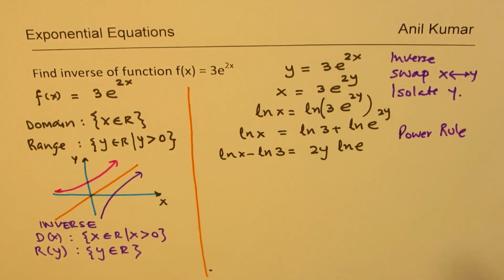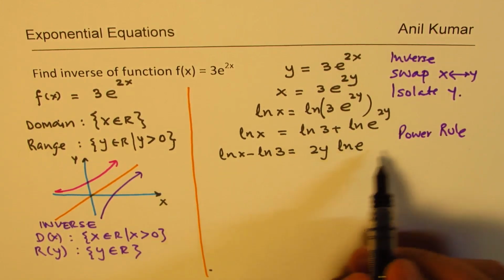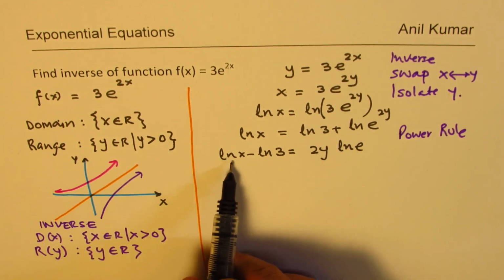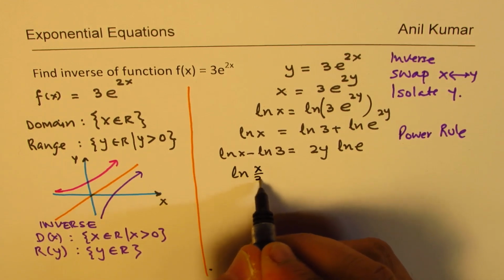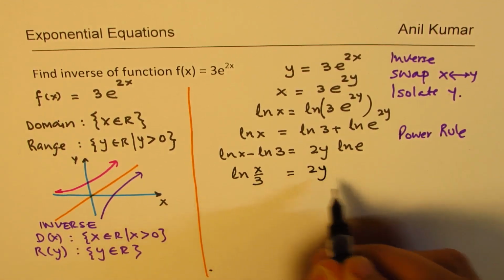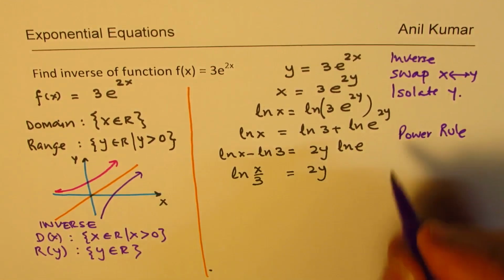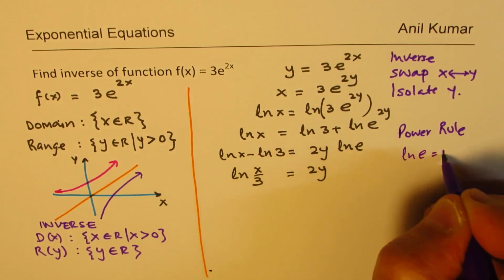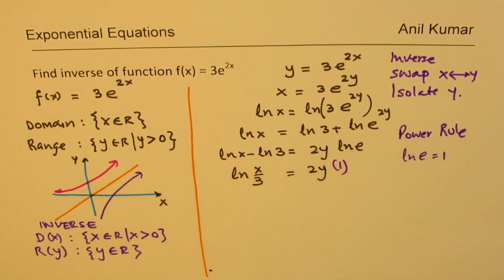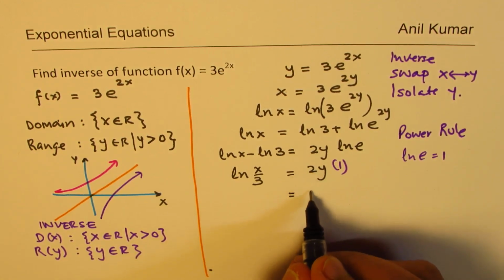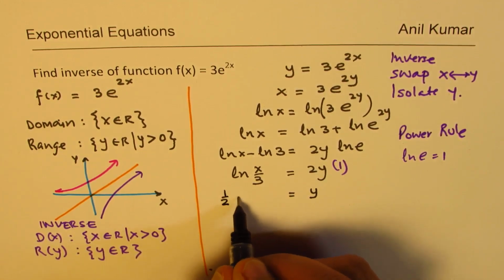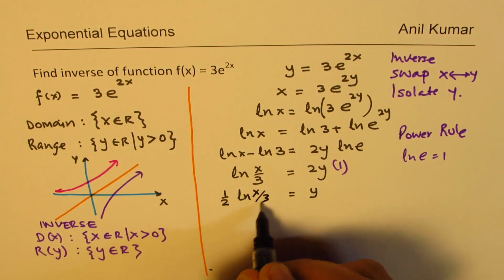Now we know ln and e are reciprocal operations. Here, since we are talking about subtraction, we could write this as ln of x over 3, right? Equals 2y, since we know that ln e is 1. Correct? So it is kind of multiplied by 1. So from here we can isolate y as half of ln of x over 3.